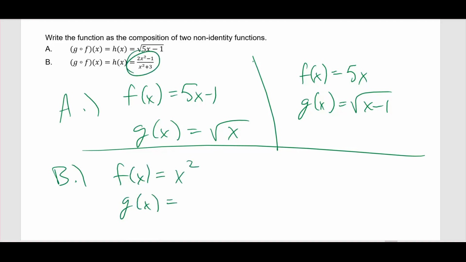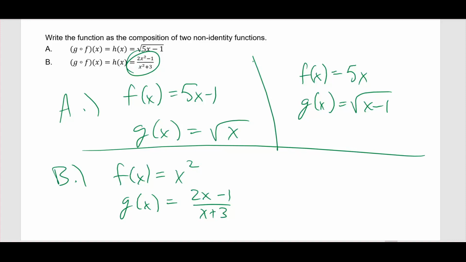Well, looking at the structure of this, if I'm going to put x squared wherever I see x, that's just going to be my g: 2x minus 1 over x plus 3. So now if I put x squared in for x here and here, it looks like the composition, and we're good to go.